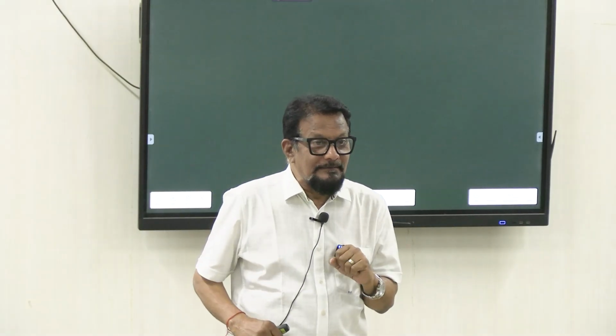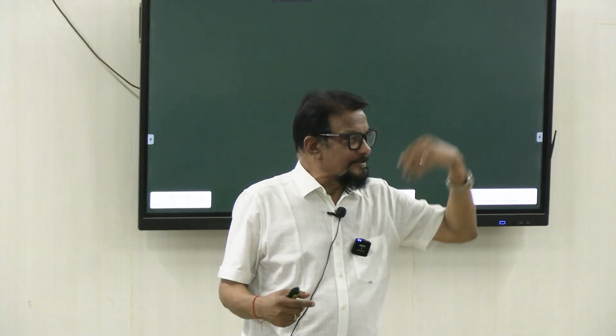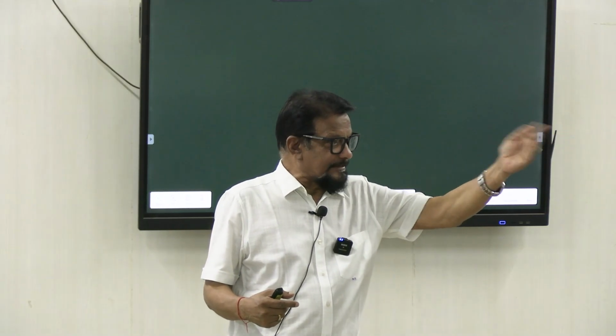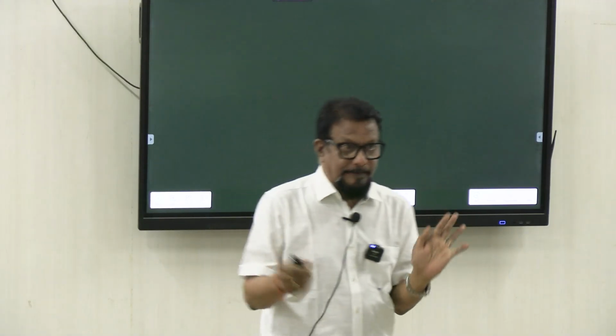Because of the stretching, these receptors will be stimulated. They will open the calcium channels. We know calcium is higher in concentration outside, in the ECF, and lower inside the cell. So what is happening? Again I am telling you.